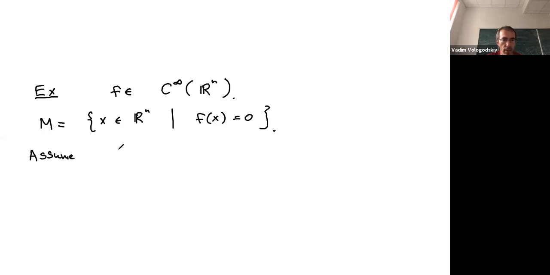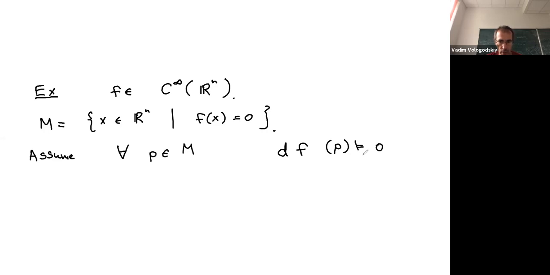That for every point P in M, the differential of my function at point P is not equal to 0.